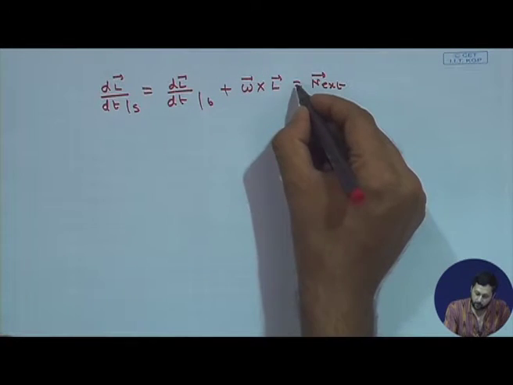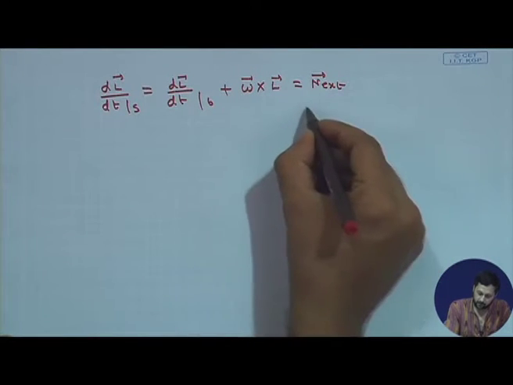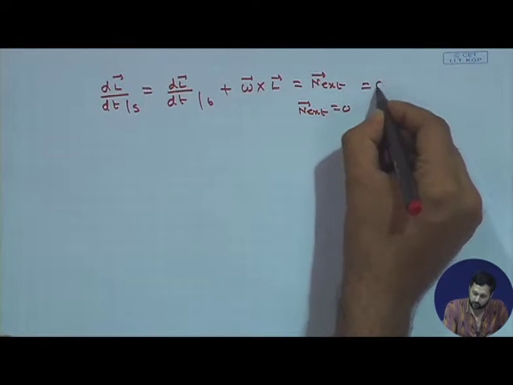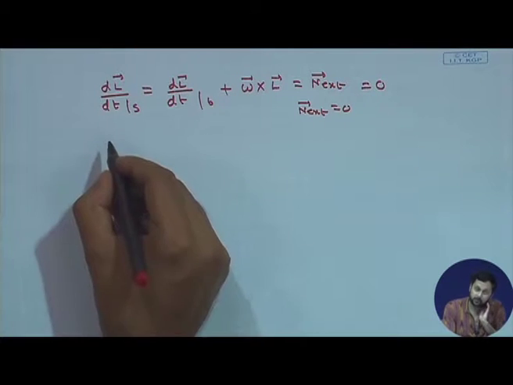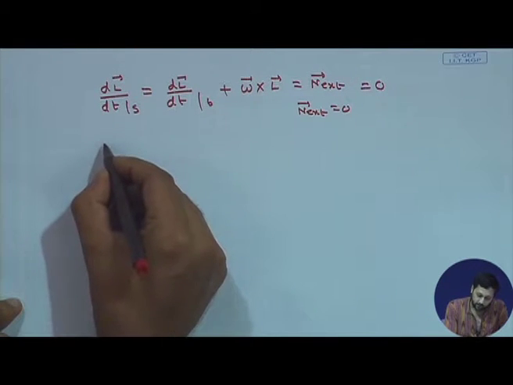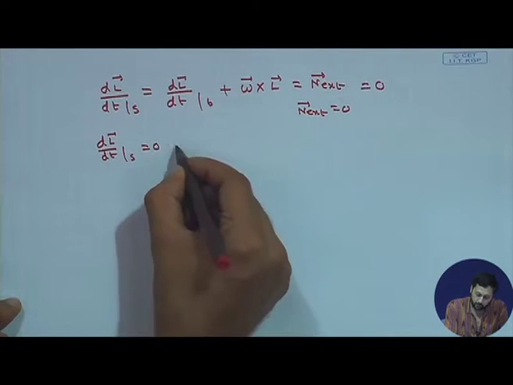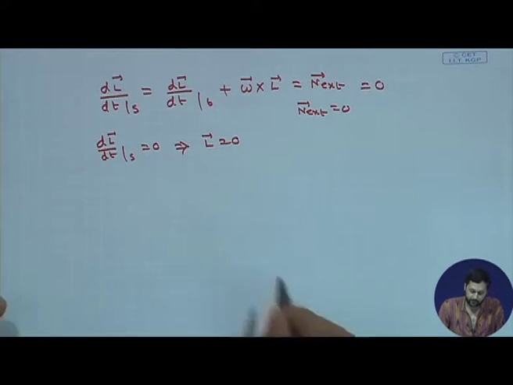Now, in our problem, N external is equal to 0. So, if N external is equal to 0, then this whole thing is equal to 0, right? And we have already seen that from the space set of axes, (dL/dt) space is equal to 0, which implies L is constant.